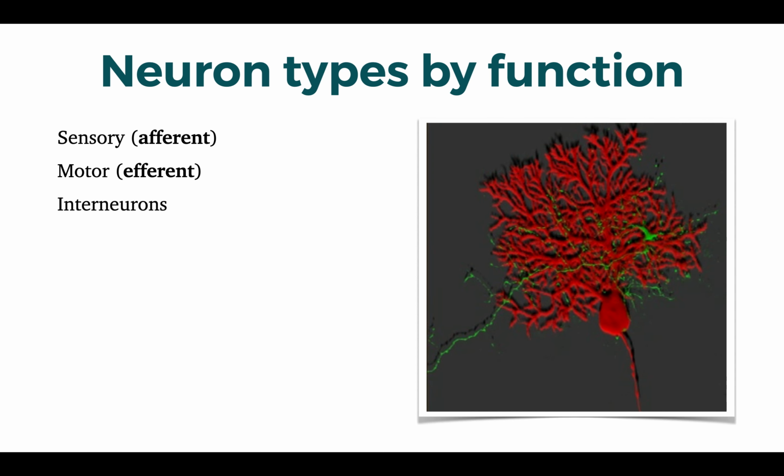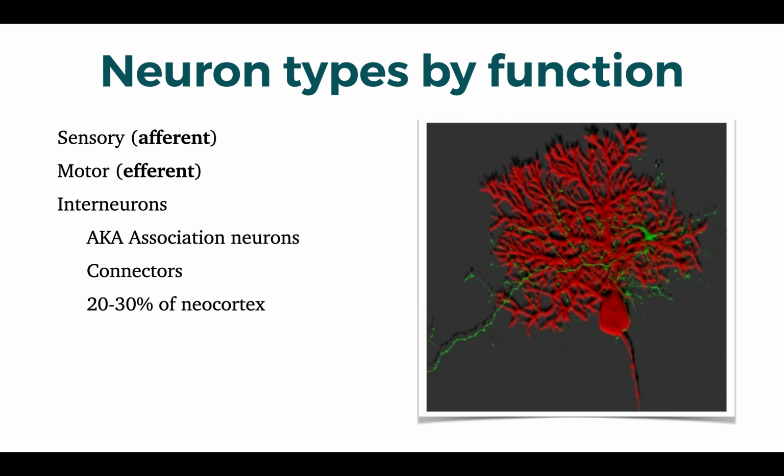You can also have interneurons. Sensory neurons bring stuff in, motor neurons take stuff out, and interneurons help other neurons communicate with one another. These are connectors. This is a synapse between an interneuron and a Purkinje cell.